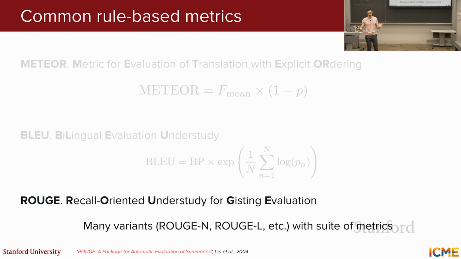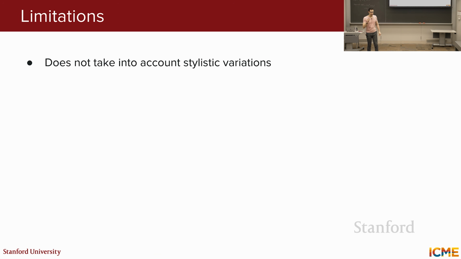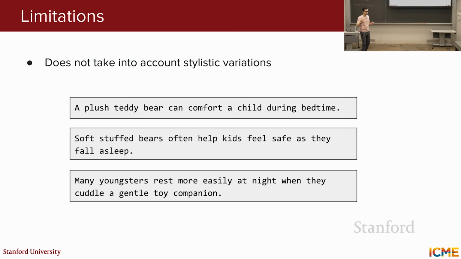But long story short, all these metrics compare the output with a reference. As we saw, one key limitation is that they do not allow stylistic variation. So let's take an example.